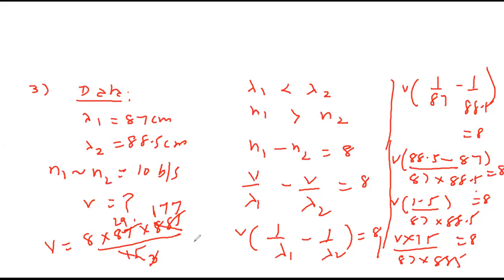Let us see what it comes. 8 into 29 into 88.5 equals 177 into 29 into 8 equals 41064.